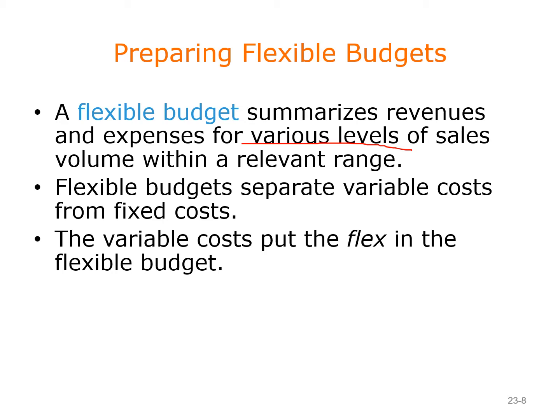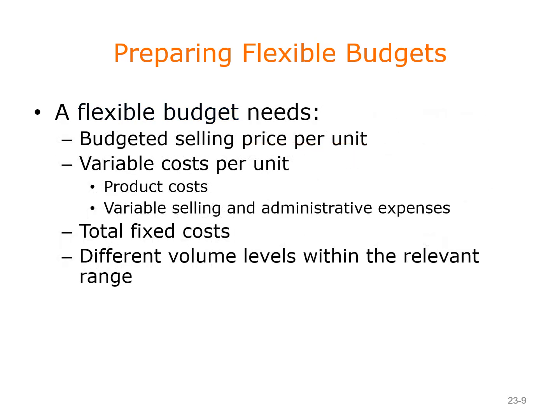Here we are doing that for different levels of sales. So actually this is to be called a flexible budget. A flexible budget separates variable from fixed, as we did, and the variable cost puts the flex in the flexible budget, and we will understand this in a minute, explaining the numerical example.